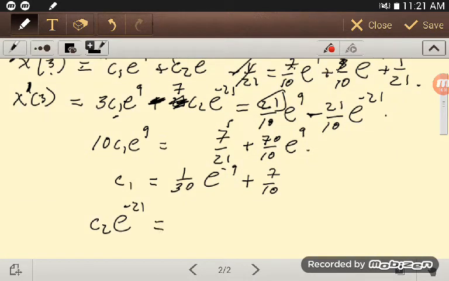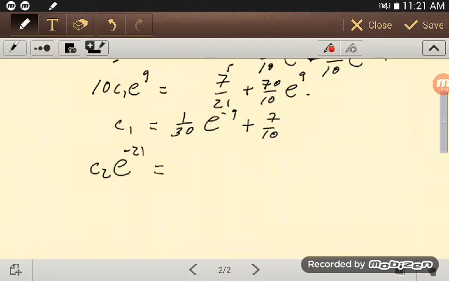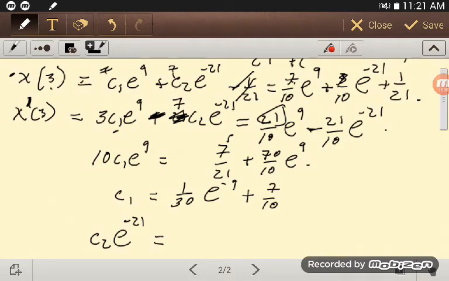So that is equal to, well, the right-hand side I had was 7/10 e to the 9 plus 3/10 e to the negative 21 plus 1 over 21.